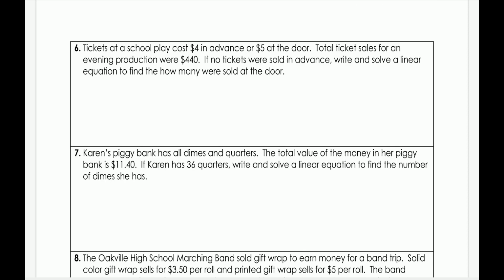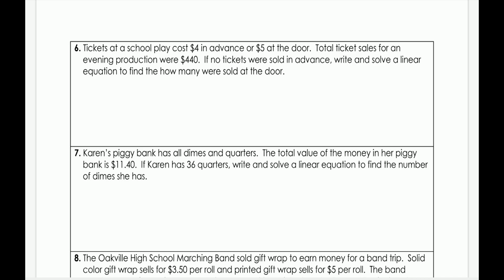Whenever I'm recording this, this relates to the state basketball game that our team was able to go to. And let's just say that at the state basketball game, they had $4 for advance tickets and $5 at the door, which is actually a pretty good deal.